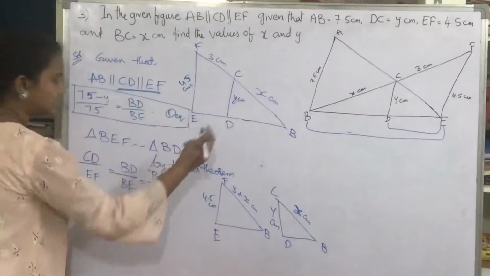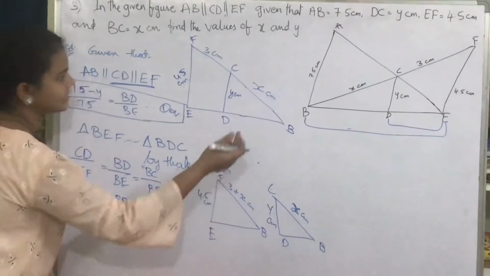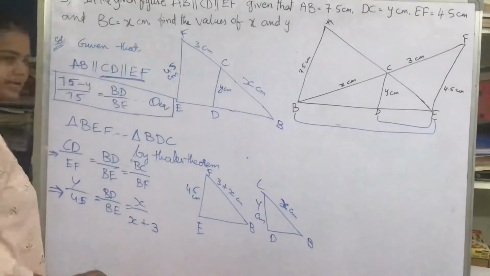So BC equals X centimeters, X plus CF equals 3 centimeters. Let it be like this.